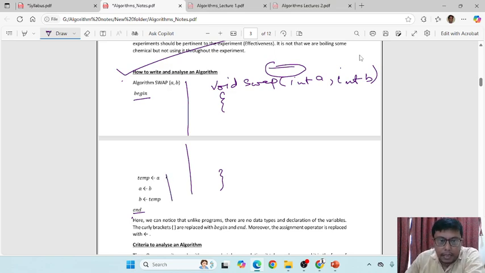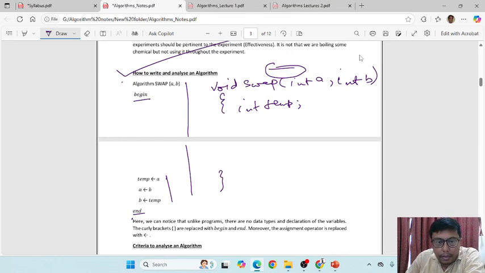I will mention another variable, int temp. Then temp equal to a; this is one statement. a equal to b; this is another statement. And b equal to temp; this is another.